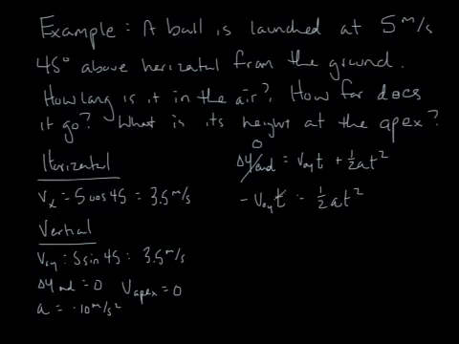This t cancels out with one of those t's, and we get that t equals negative 2 V naught y over a. So we get negative 2 times 3.5 divided by negative 10. So 7 over 10, and we get a time of 0.7 seconds.